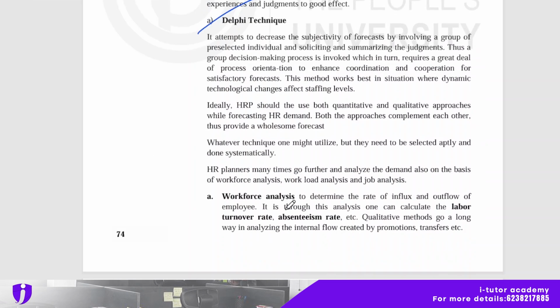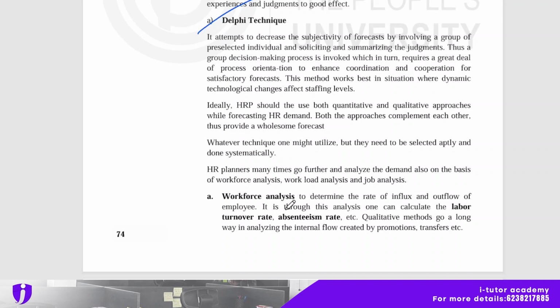And Delphi technique attempts to decrease the subjectivity of forecast by involving a group of pre-selected individuals and soliciting and summarizing their judgment. Thus, a group decision making process is invoked, which in return requires a great deal of process orientation to enhance coordination and cooperation for satisfactory forecast.